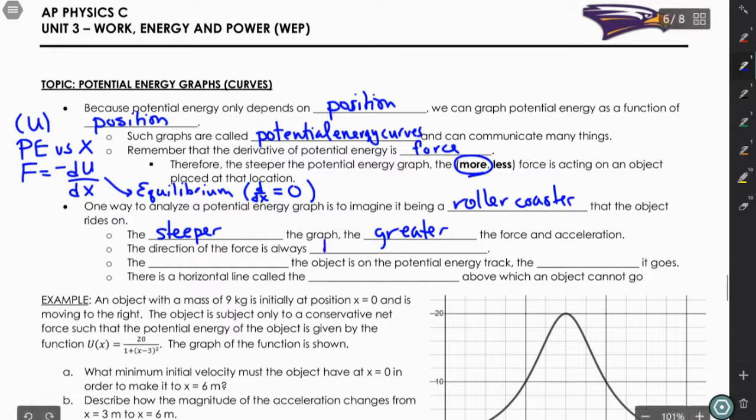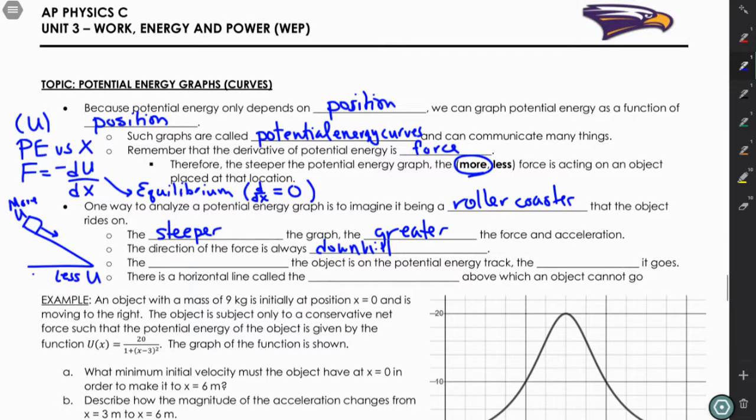And remember, the force is always downhill. Force always wants to go to lower potential energy. If I have an object traveling on an incline, the force is going to bring it downhill because there's less potential energy down here than at the top. So remember, force goes downhill.